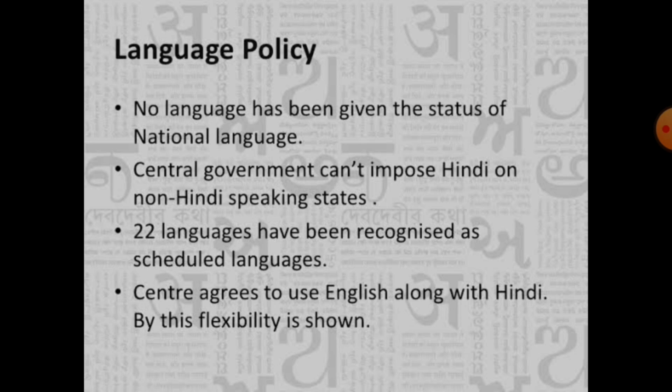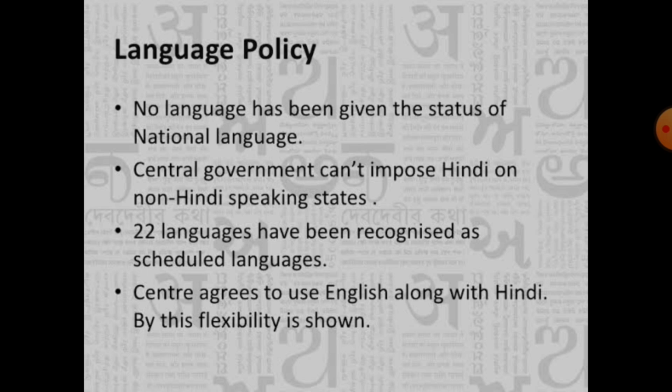Different states have their own official languages, so much of their government work takes place in the official language of the concerned state. According to the constitution, the use of English for official purposes was meant to stop in 1965. However, many non-Hindi speaking states demanded continued use of English for official purposes.